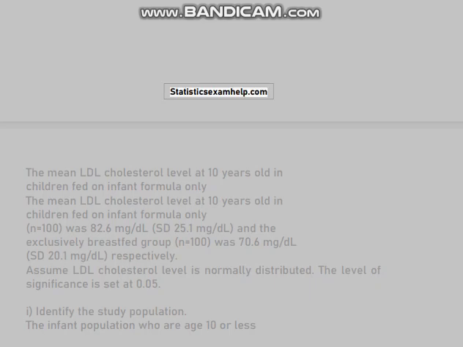The mean LDL cholesterol level at 10 years old in children fed on infant formula only, N equals 100, was 82.6 mg per deciliter, SD 25.1 mg per deciliter, and in the exclusively breastfed group, N equals 100, was 70.6 mg per deciliter, SD 20.1 mg per deciliter, respectively. Assume LDL cholesterol level is normally distributed. The level of significance is set at 0.05.